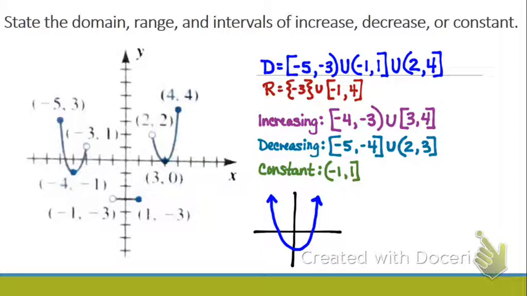So from negative infinity until 0, I'm going down. And then I turn and do what? And then I go up. And I never turn and go down again. If I ever have the same behavior more than once on my graph, then I'm going to need a union. If that behavior only happens one time, then I don't need a union.